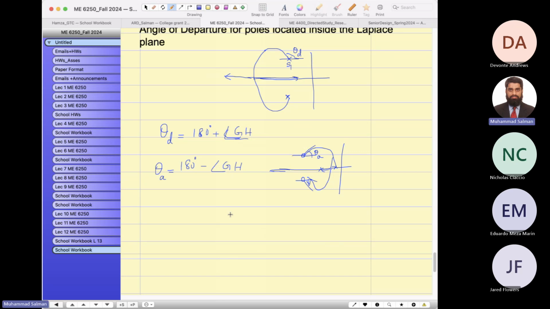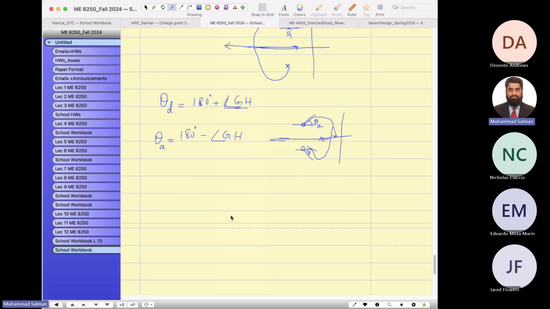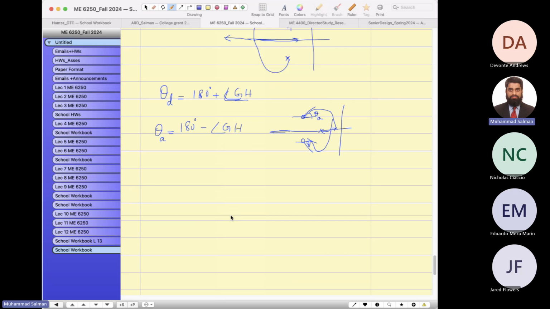I have explained how to find the breakaway point, and sometimes you have to find the break-in points. Remember, breakaway points are for poles, and break-in points are for zeros. Like I said, angle of arrival is for the zeros located inside the plane, and angle of departure is for the poles.